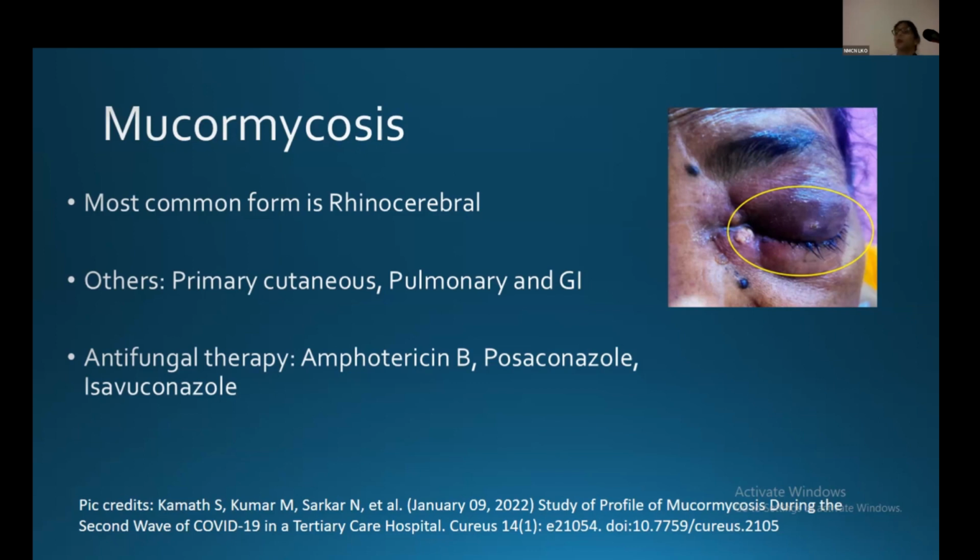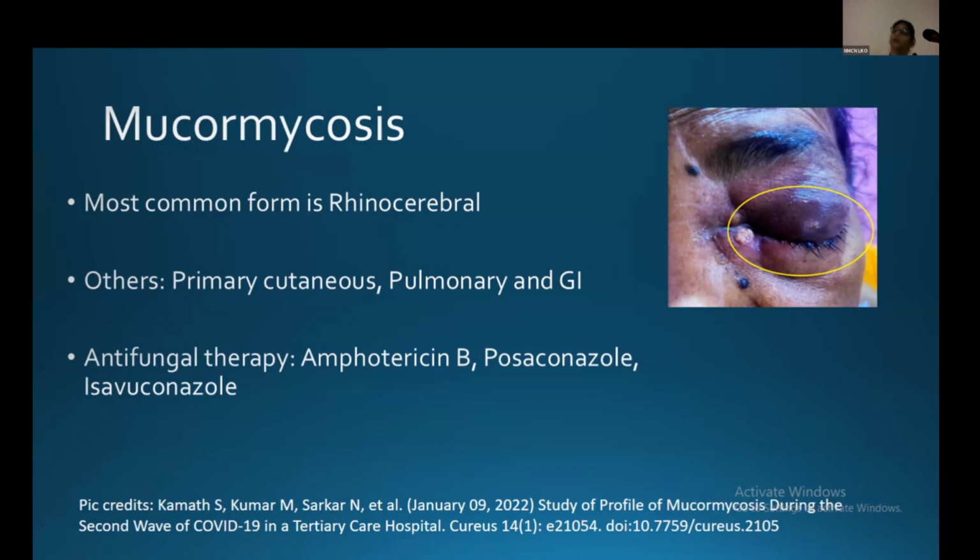The fungus is not black, actually. The name black fungus is a misnomer. The necrotic, affected tissue appears black. Okay? That is why it was named black fungus. Other entities it can cause are primary cutaneous disease, pulmonary mucormycosis, and gastrointestinal mucormycosis. The Mucorales, the agents of mucormycosis, respond very well to amphotericin B, posaconazole, and isavuconazole.